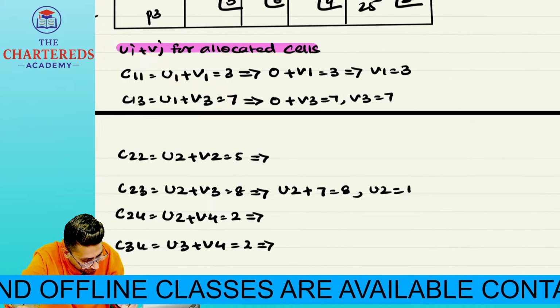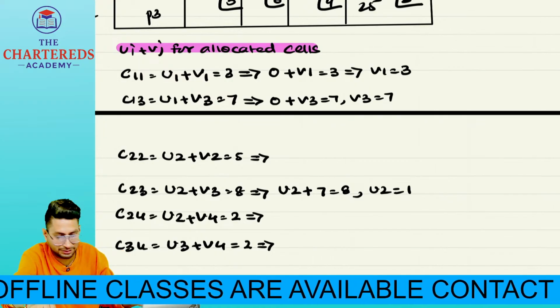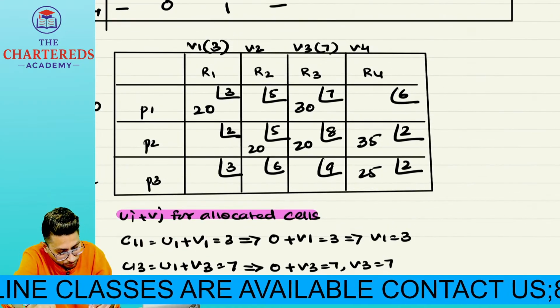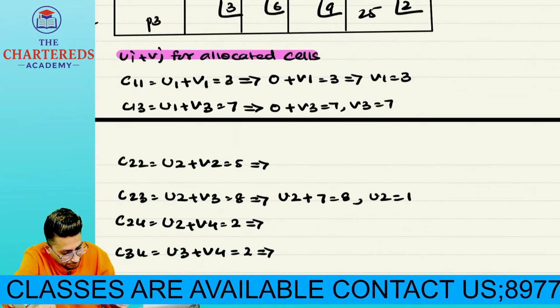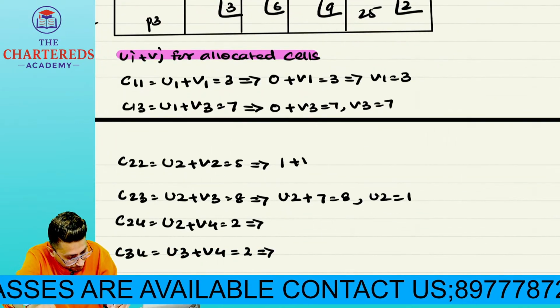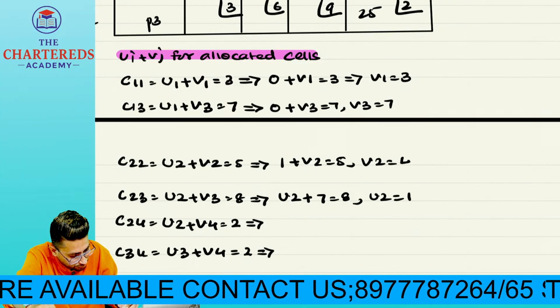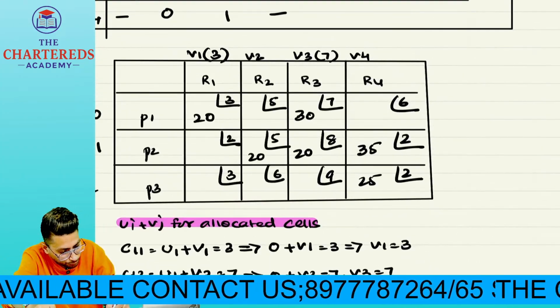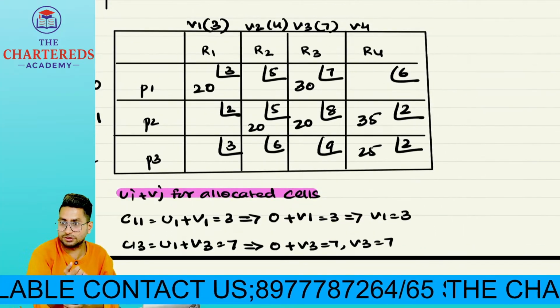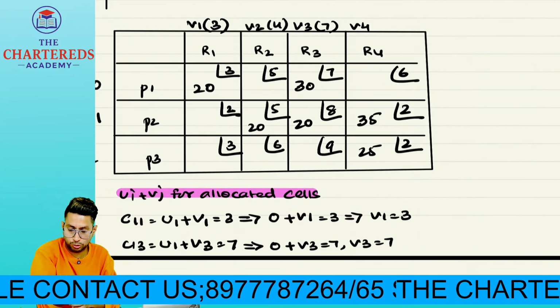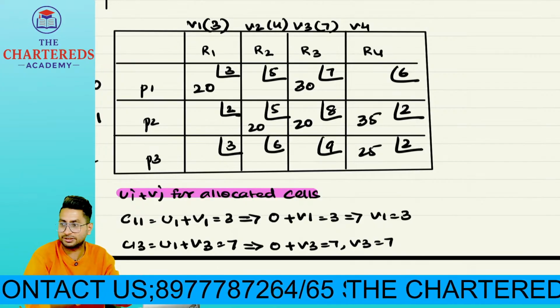Then U2 will be 1. 8 minus 7, 1. And I'll come back here. U2 is 1, V2 I don't know, is equal to 5. Then V2 will be 4. Understood how to calculate? So better assume U1 to be 0 so that you can finish all the calculations fast.